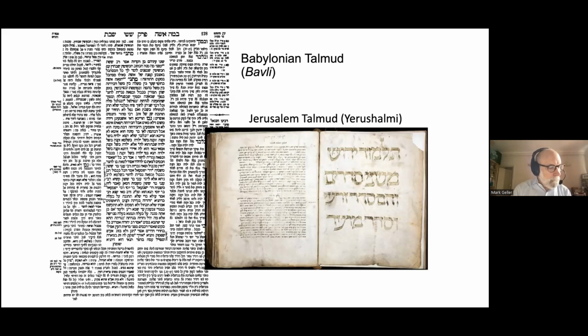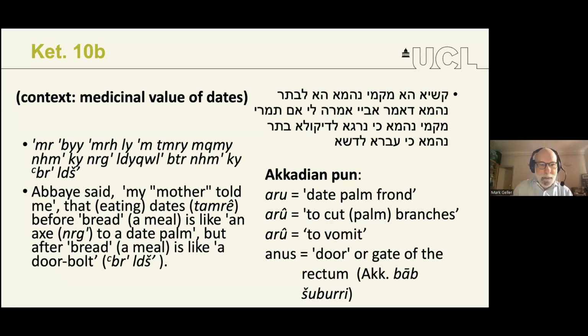Now, I've surveyed all of the recipes from this Abaya, and I found Akkadian loanwords and calques in almost every case. And in my view, this Abaya must have had some knowledge of Akkadian, because he tells a joke which can only be understood as an Akkadian pun.